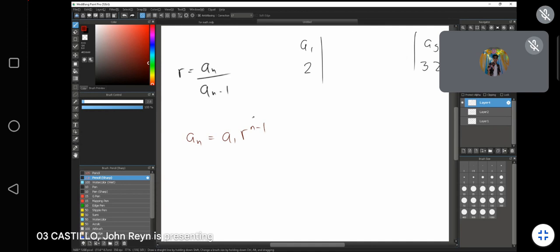So we can use this formula to find the common ratio. So let's say a5 equals a1 times r to the power of 5 minus 1, which should be 32. Okay, so 2.